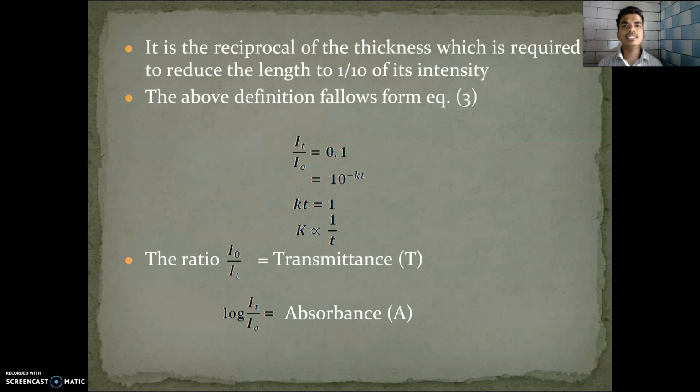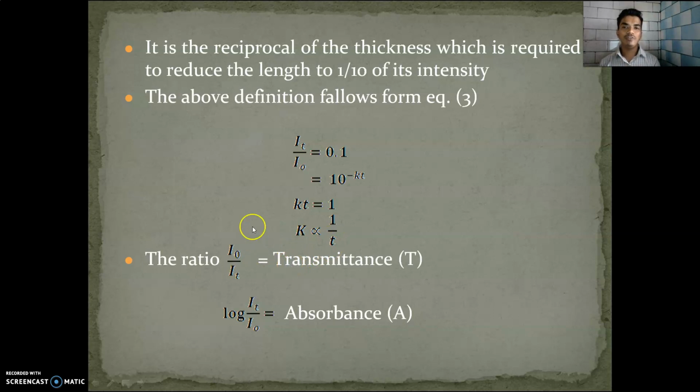It is the reciprocal of the thickness which is required to reduce the light to 1 by 10 of its intensity. So the above definition follows from equation 3. So It upon I0 equals 0.1 is equal to 10 raised to minus Kt, so Kt is equal to 1, and K is proportional to 1 by t.